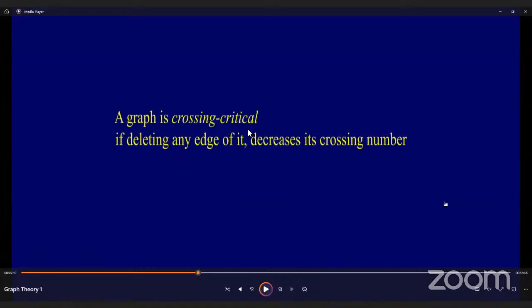It means that any edge, we can choose any random edge, if deleting it decreases the crossing number, then it is crossing critical.